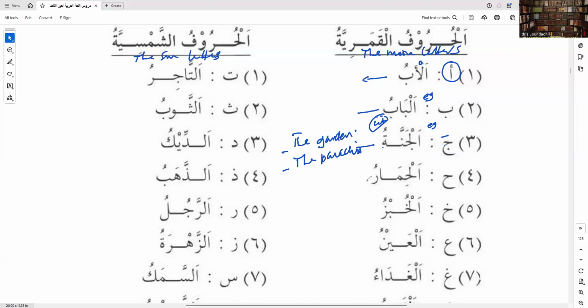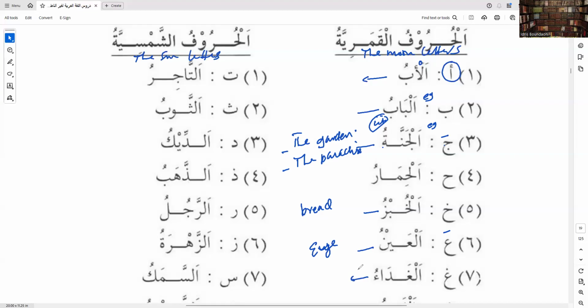Al-himaru, the donkey. Al-khubzu, khubz is bread. Ain, al-ainu, eye. Eye is ainun. Gha, al-ghada'u.